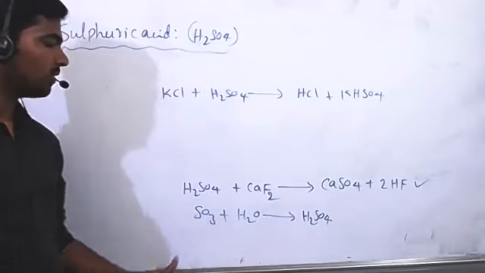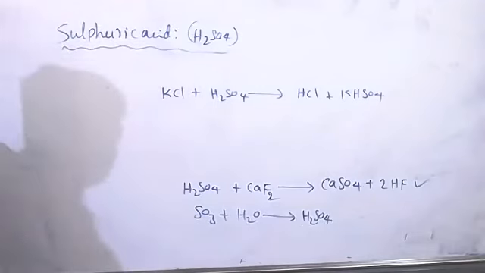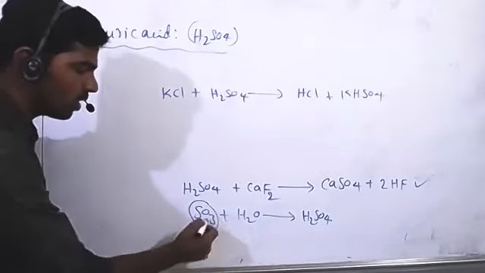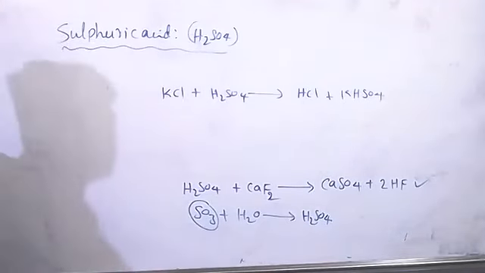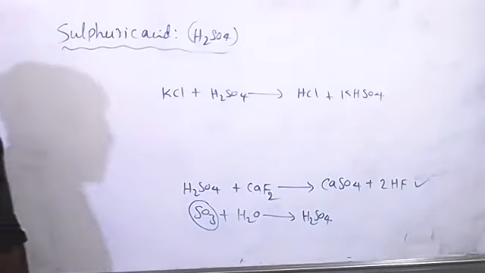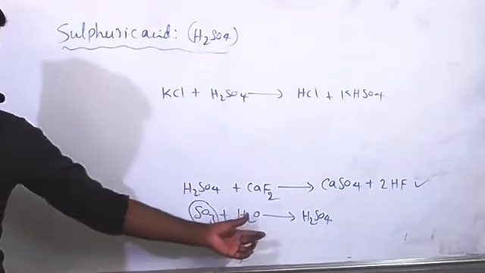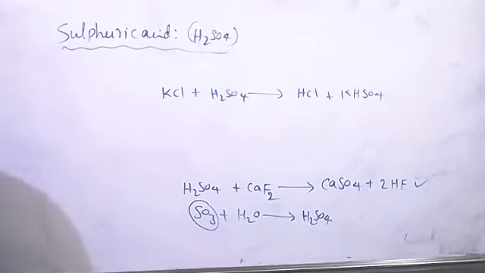The obtained sulfur trioxide is absorbed in H2SO4, which gives oleum, and the obtained oleum is further treated with water to get a large amount of H2SO4. Otherwise, if we pass the obtained SO3 into water, we can get H2SO4.